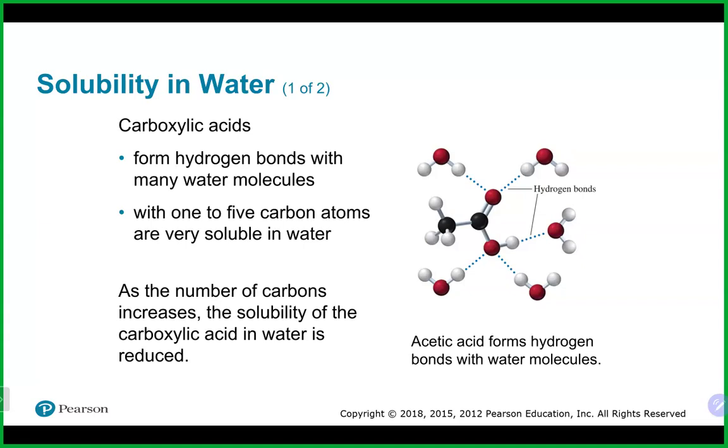And again, that has to do with the non-polar part of the molecule becoming too big and creating what is again referred to as steric hindrance. It basically gets in the way of water being able to interact well with the OH part of the molecule. So less than 5, you're good to go.